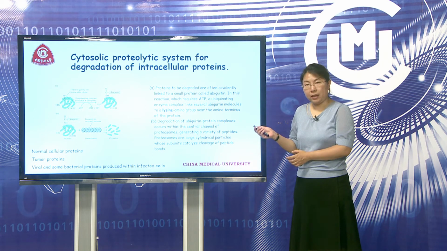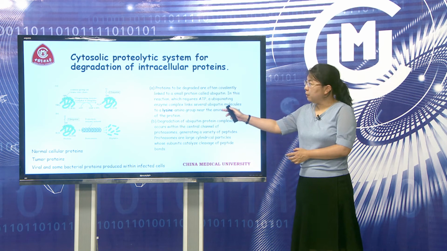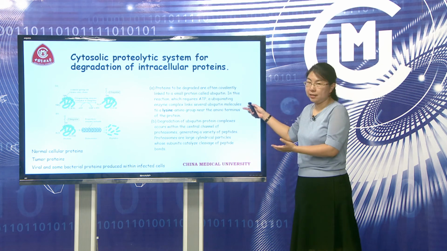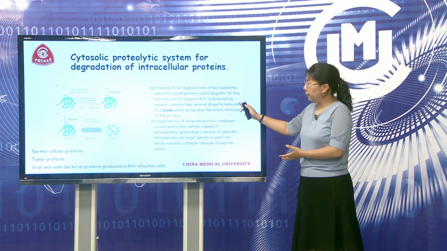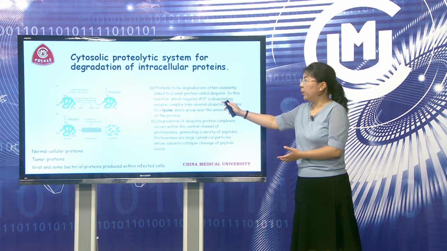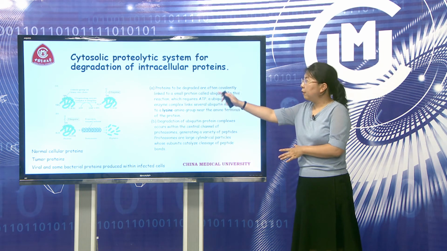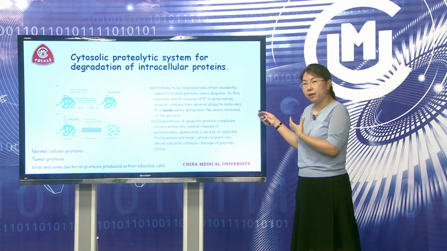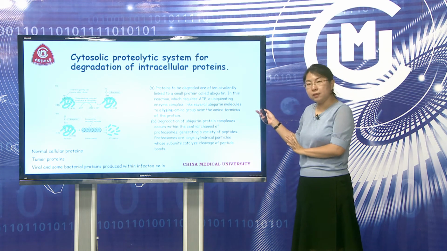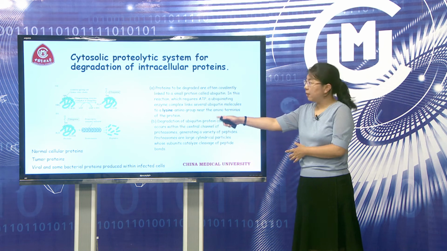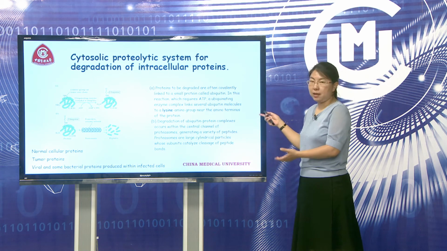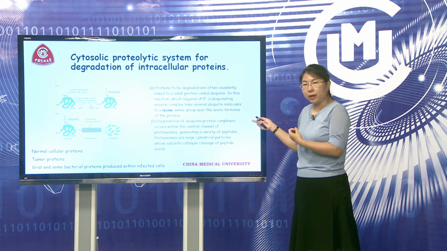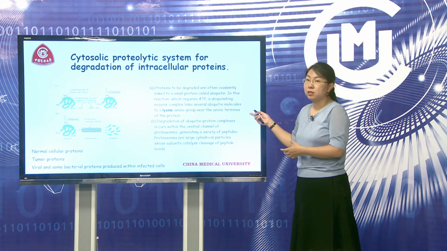For endogenous antigen, for example tumor proteins or some virus produced inside the cell, we mark it with one molecule called ubiquitin. After the protein is marked with ubiquitin, the cell knows it is a foreign thing, so the proteasome, these big molecules, will digest this protein into small peptides. This is the antigen processing for endogenous antigen.